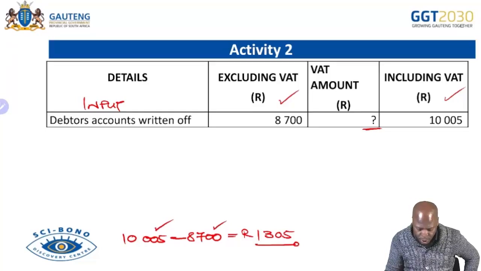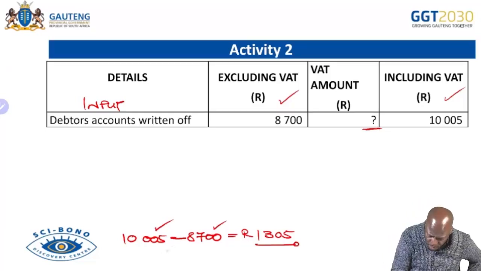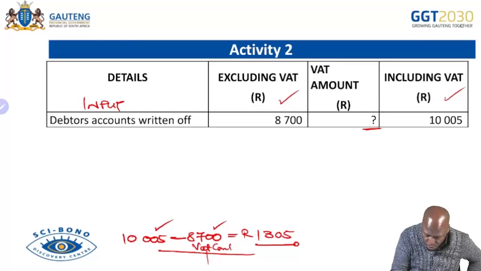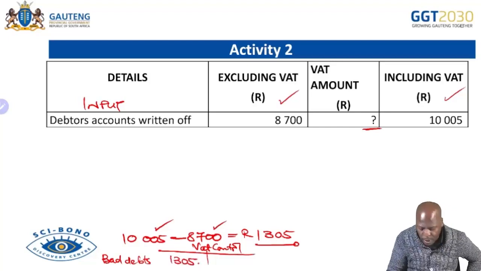1,305. So where do I record this now? If I am to show this, it means I will need my VAT control. In my VAT control, remember, input. So I would come here and I would say, here's my bad debts, and I would have 1,305 over here.